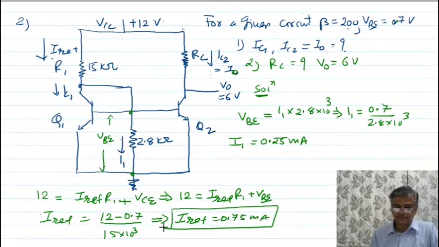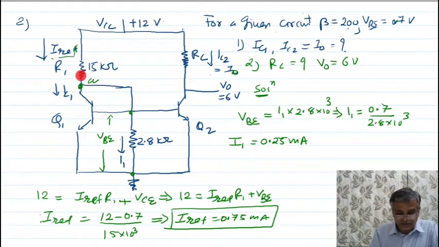Now you get the value of I1, you get the value of I reference, so you can easily find IC2. Look at how to find. Look at this point. Let me say this is your A junction. Here it is your reference current.